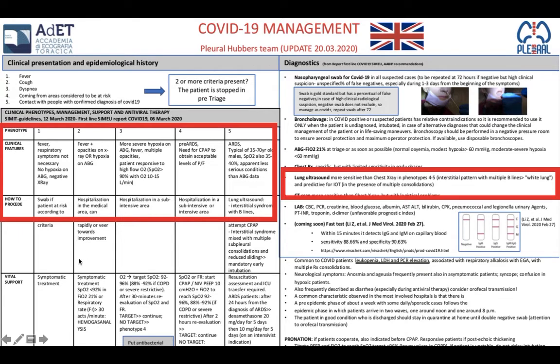Maybe in the beginning it could be used to initially study the patients and detect early stages of pneumonia. In the severe pictures of the disease, it can be used as a follow-up for evaluating the consolidation and taking clinical decisions.